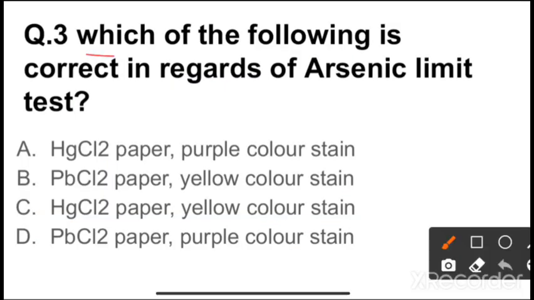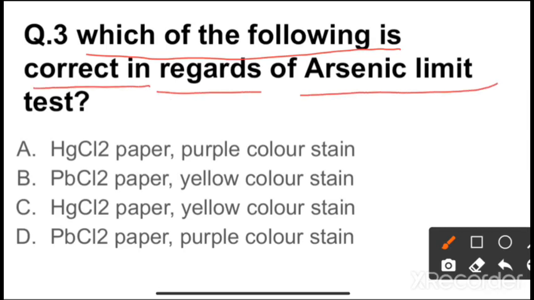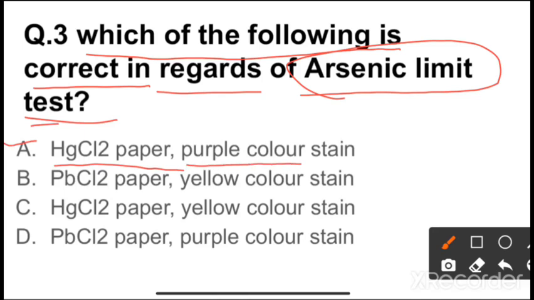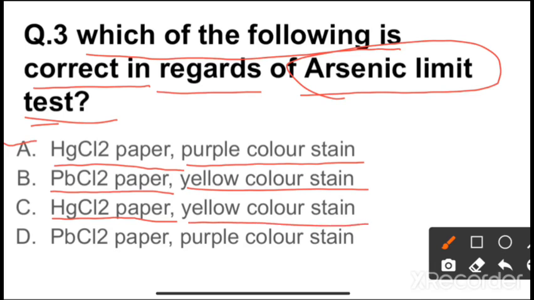Next question is, which of the following is correct in regards to arsenic limit test? First option is mercury chloride paper and purple color stain. Second option is lead chloride paper and yellow color stain. Third option is mercury chloride paper and yellow color stain, and last option is lead chloride paper and purple color stain.